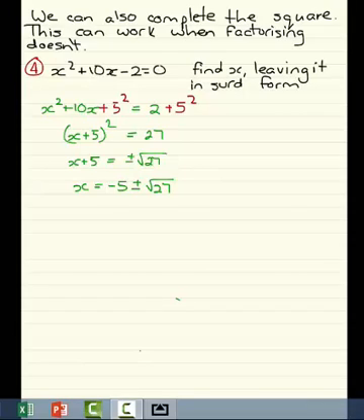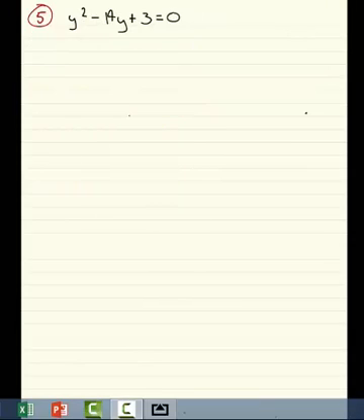Now we've done surds, so you should be simplifying root 27. Square root of 27 has the factors 3 and 9, so that is going to be minus 5 plus or minus 3 root 3. Now if they ask you to give your exact answer or in surd form, that's where they want you to stop.